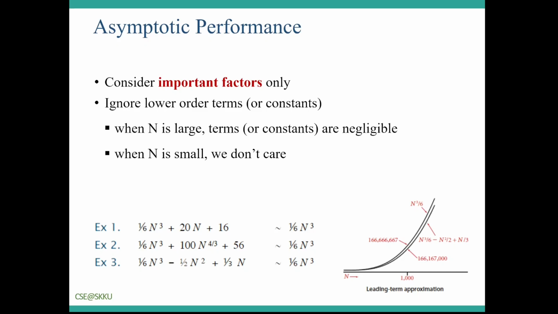On the right figure, big omega gives a lower bound. The function f(n) stays above c multiply g(n) from some point n0. In both cases, g(n) acts as a bounding function, either from above or below, depending on the notation.